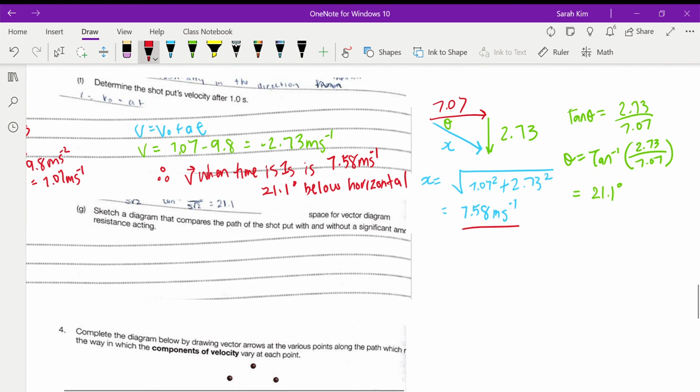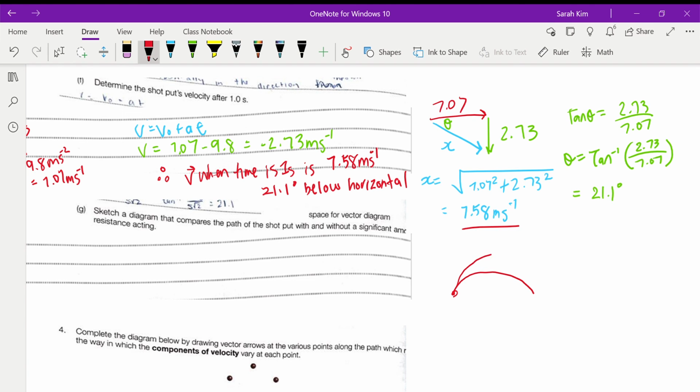Alright, sketch a diagram that compares the path of the shot put with and without a significant amount of resistance acting. Okay, so it's basically just going to be a path. It's not going to be really parabolic anymore, and it's going to have a smaller height and range because the air resistance will, for example, start and go up, but it won't go up as much.